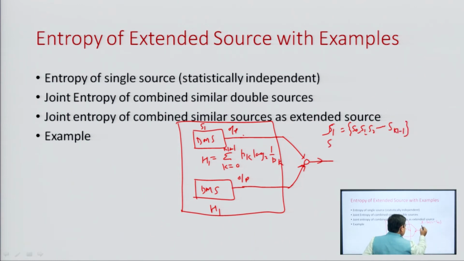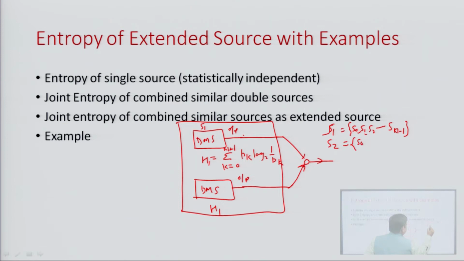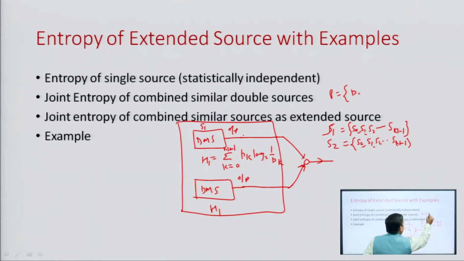The other source, also equivalent, we treat as S2, with the same symbols S0, S1, S2, up to Sn minus 1 and the same probability distribution, P equals P0, P1 up to Pn minus 1.